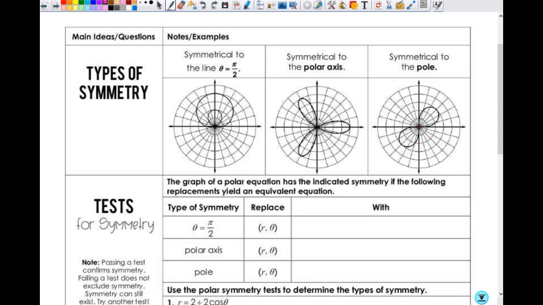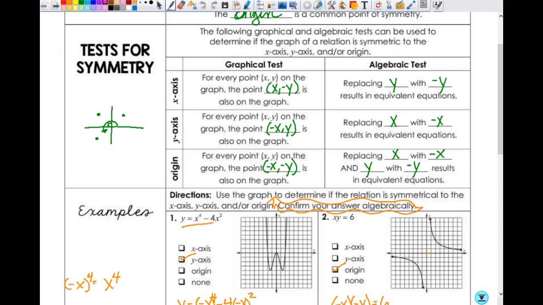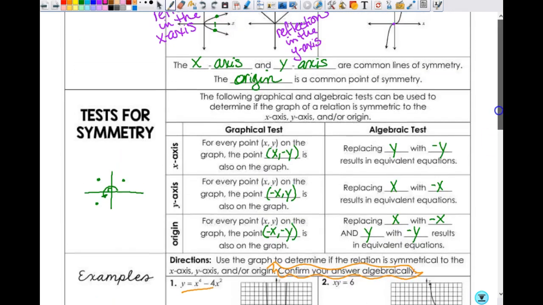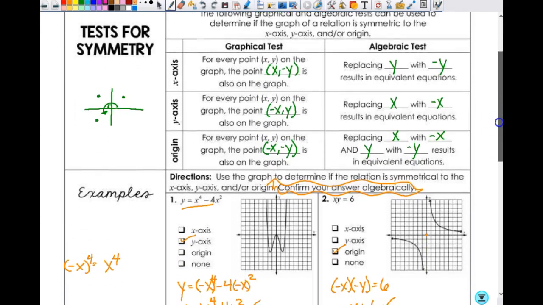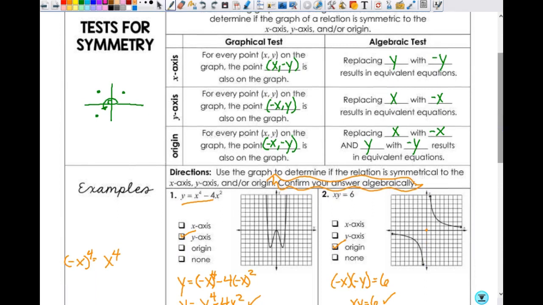When we looked at this stuff algebraically on the rectangular coordinate plane, way back when, this was on page 31 in your ISN. So that was like a lifetime ago. You can't even see it, but it's page 31. When we tested for symmetry to see if it was symmetric to the x-axis, and not go by looking at it, we substituted in a positive x, negative y, simplified it, and saw if we got the same thing we originally had.